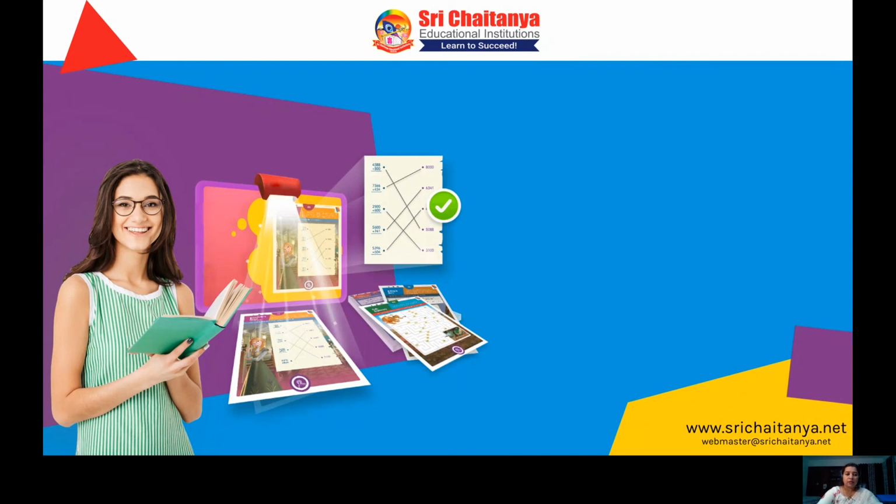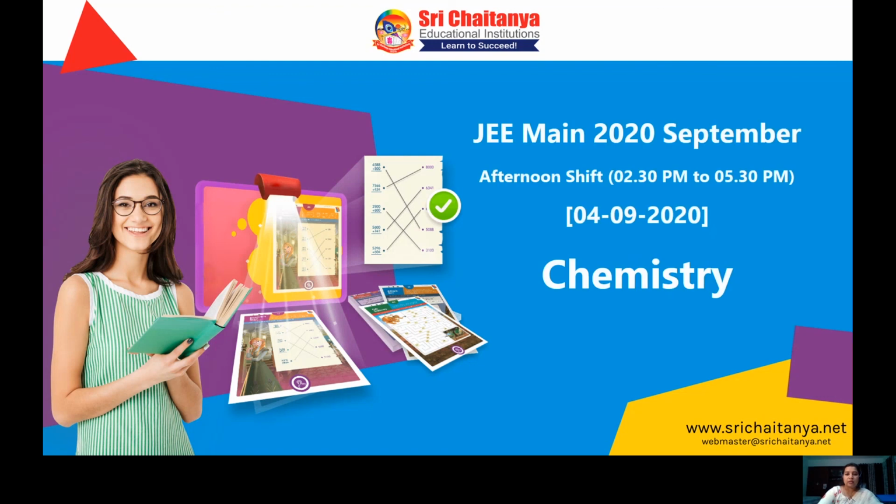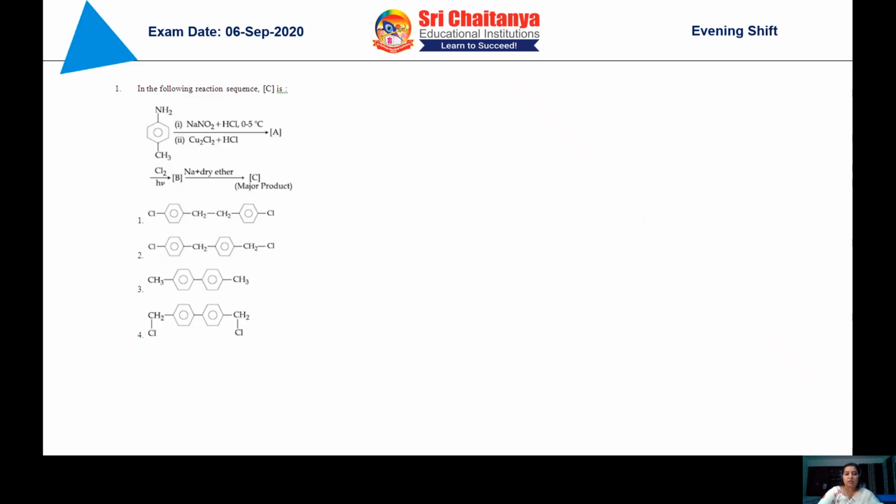I hope you can see the paper on your screens. As I said, I'll be discussing the organic questions in this paper. So let us see the organic questions. First is itself an organic question.